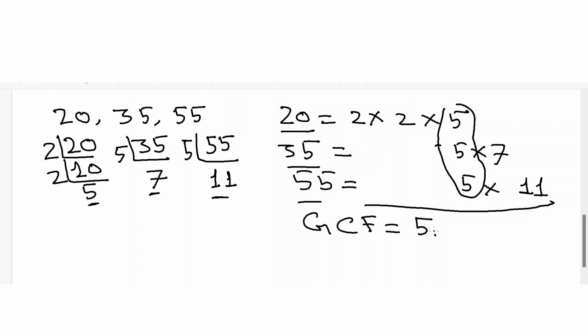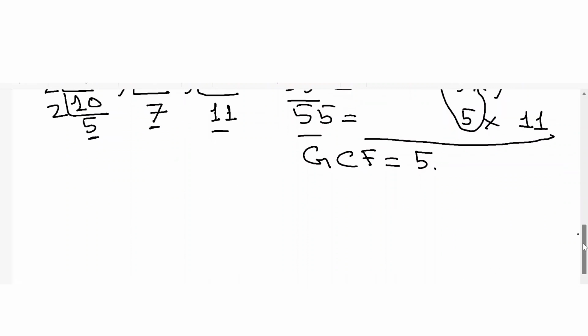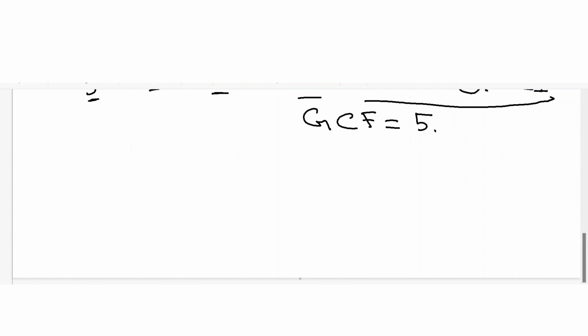Now let's take another example just for our understanding, including 2 even numbers and 1 odd number. So we have got even numbers 24 and 18, and we have got odd number 21.